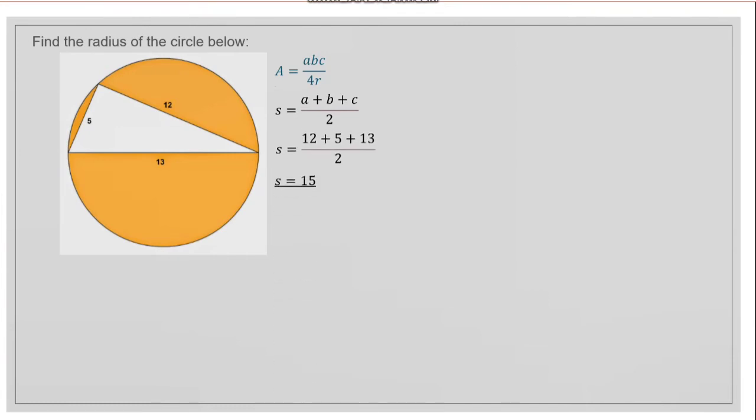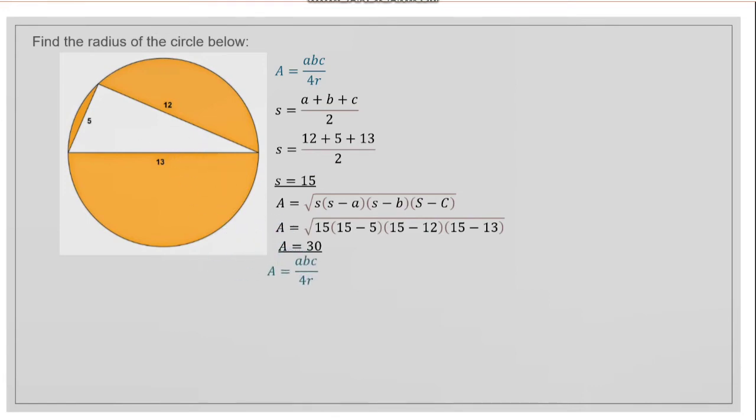So now we can solve the area. So the formula of area is equal to square root of S times S minus A times S minus B times S minus C. So substituting, we get area is equal to 30. So now we can calculate the radius by using this formula A equals A times B times C over 4R.